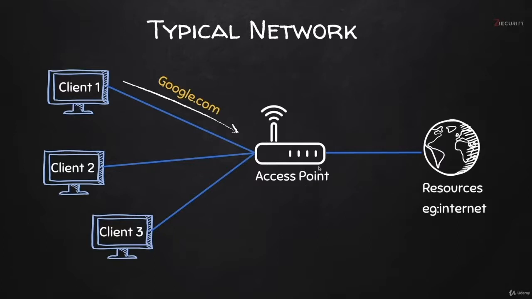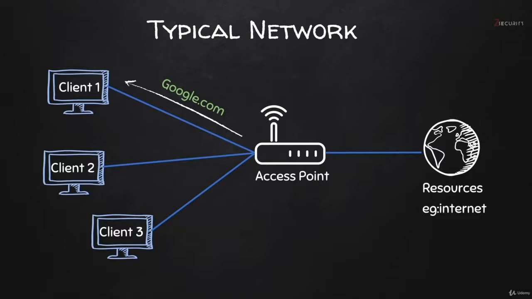The access point has access to the resource, which is the internet in this example, so it's going to go and look for google.com. It will receive google.com and it will forward that response to your computer, and as a result, you will see the website loading on your browser.